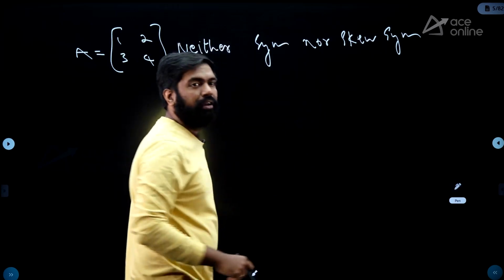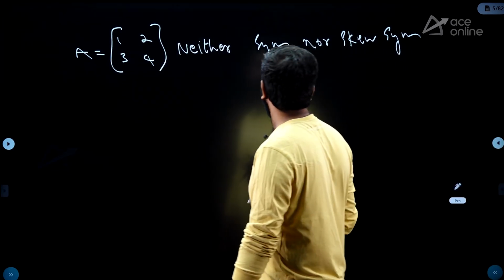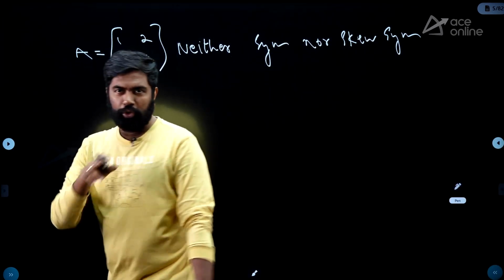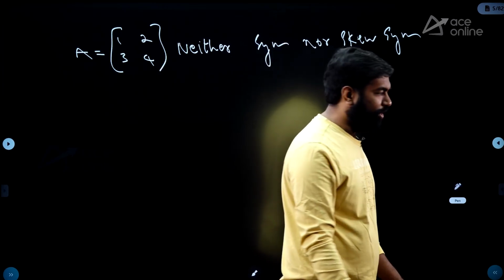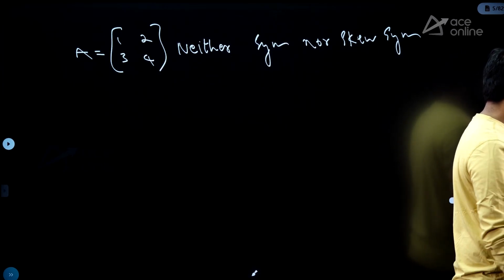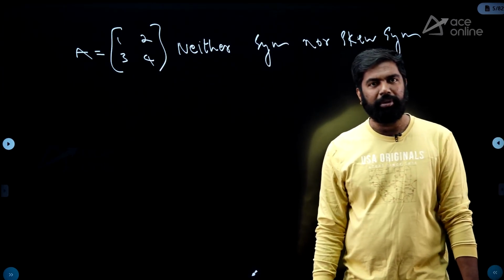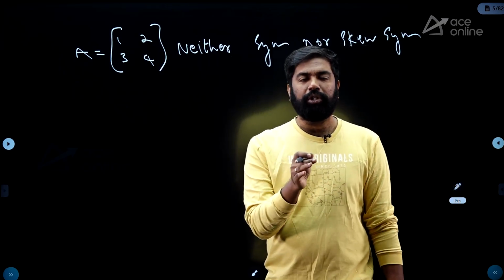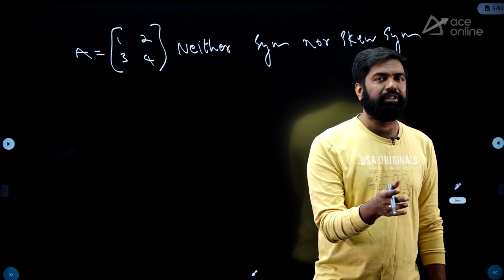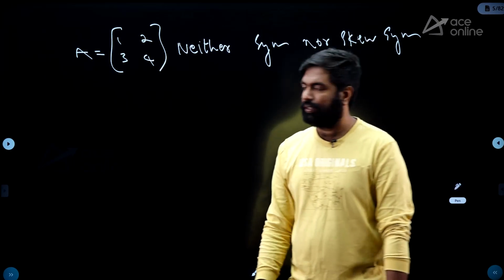Neither symmetric nor skew-symmetric. You who are listening to this lecture know what I'm going to teach. When a matrix that is neither symmetric nor skew-symmetric is given, it can always be expressed as the sum of a symmetric and a skew-symmetric matrix.